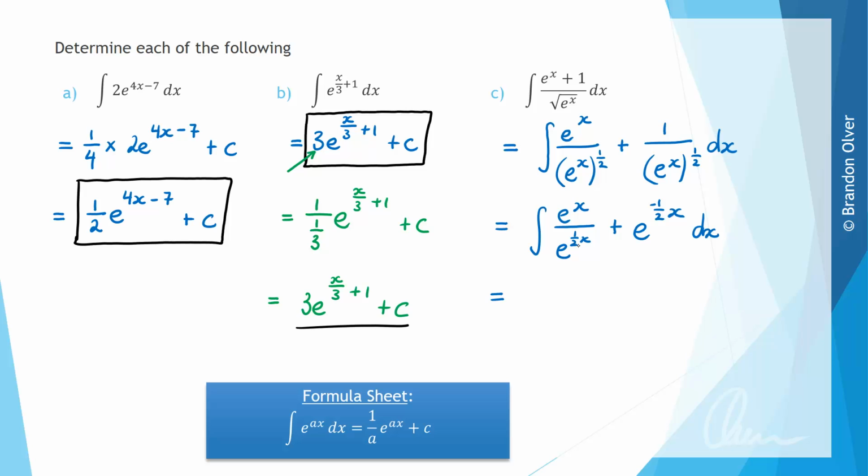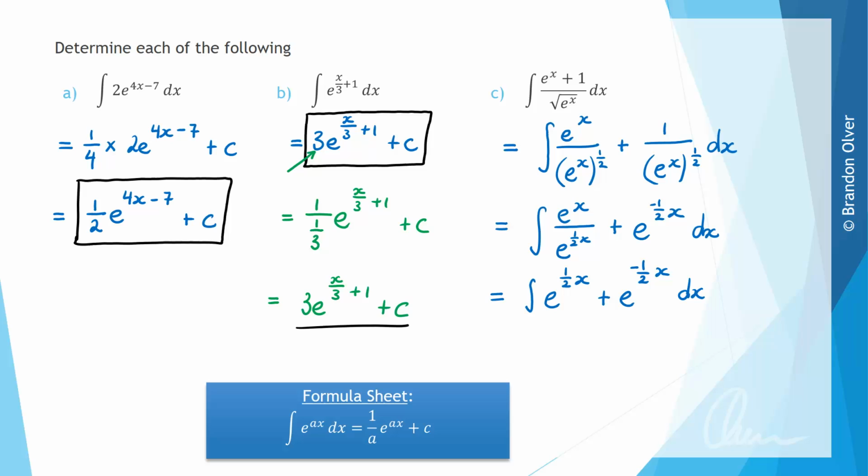We need to remember that our index laws say if we have the same base and we divide, we can subtract powers. So this gives us the integral, and when we have e to the power of x subtract a half x, that leaves a half x as our first term. Our second term remains the same, e to the power of negative a half x. And we're going to anti-differentiate that with respect to x.